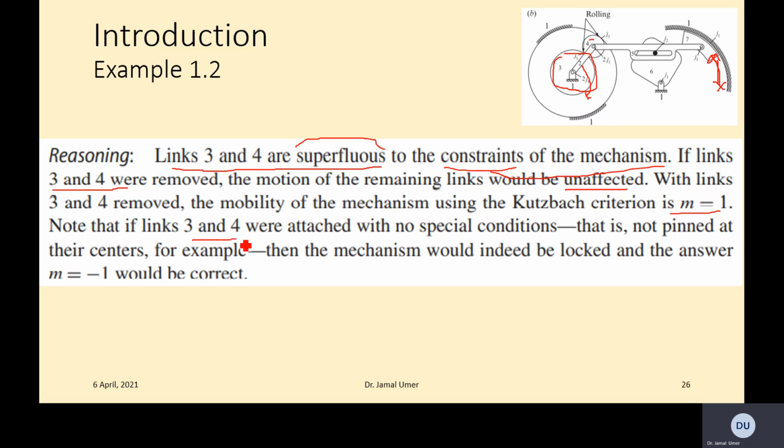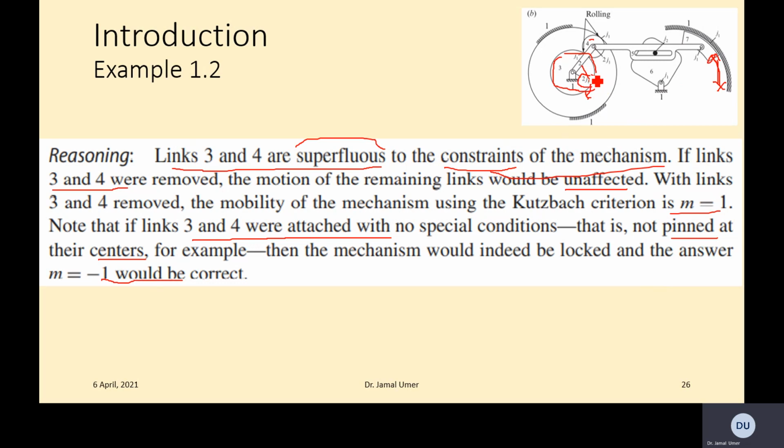Note that if links 3 and 4 were attached with no special condition, not pinned at their centers, then the mechanism would indeed be locked and the answer of -1 would be correct. So, for example, this is another case: 3 and 4 are attached, but not pinned at the center. This 2J1 we have considered.